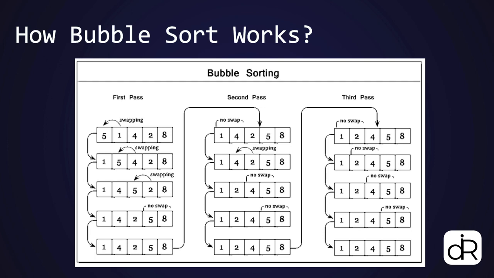In the fourth table, we have 1, 4, 2, 5, 8, and at the last index we have the greater element. 5 is smaller than 8, so the table stays the same and nothing is changed.